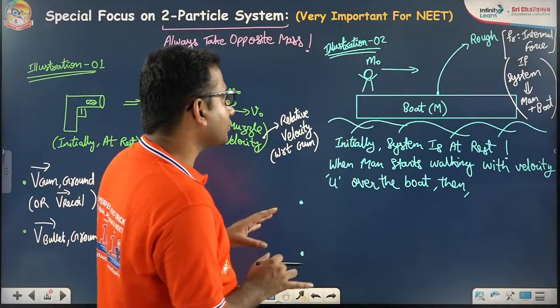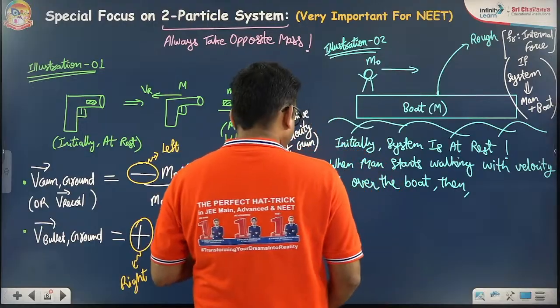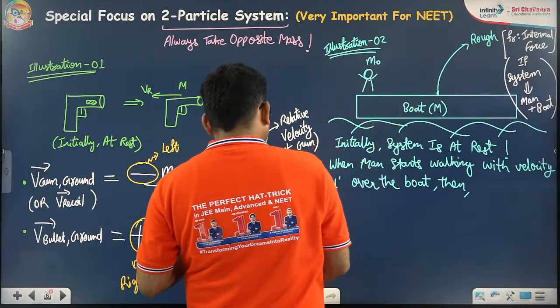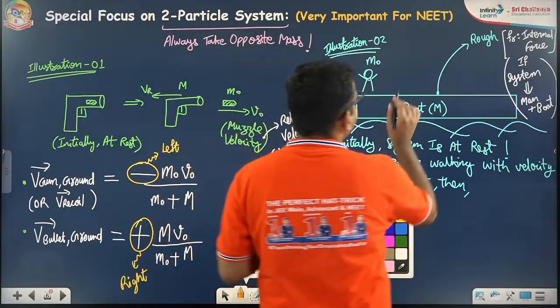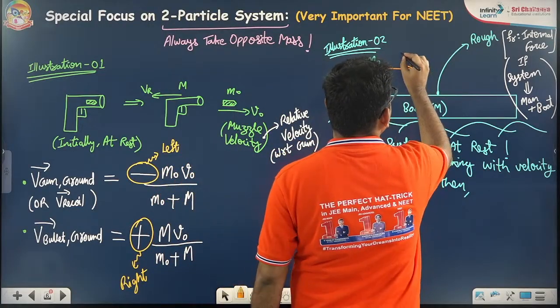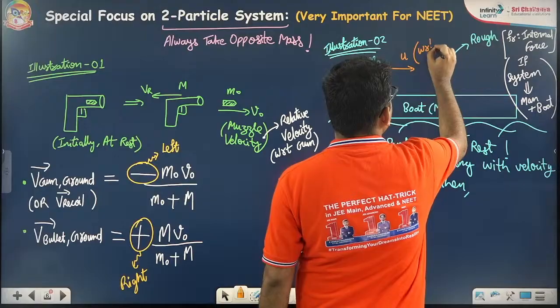See, the situation is that this is m0 and the system was initially at rest. Now what happened? It started moving with velocity u with respect to the boat.